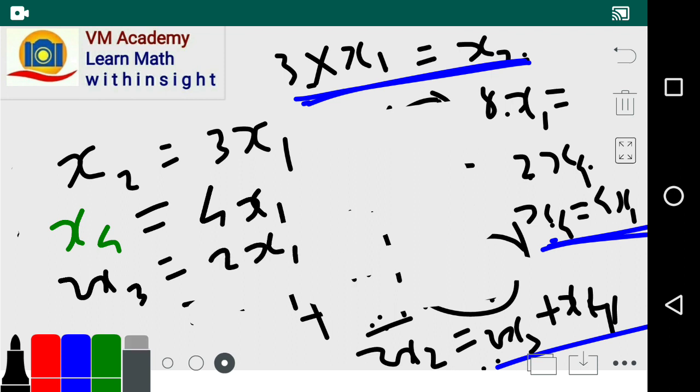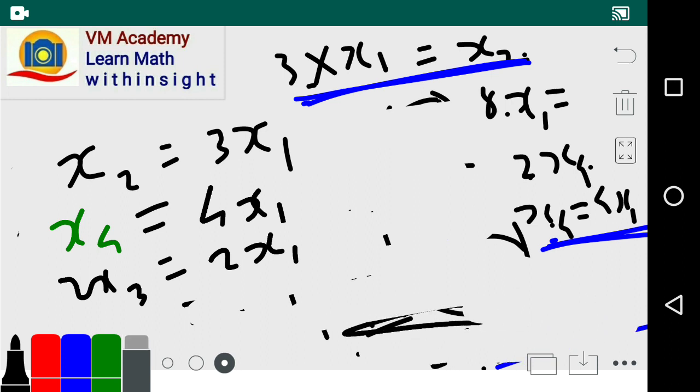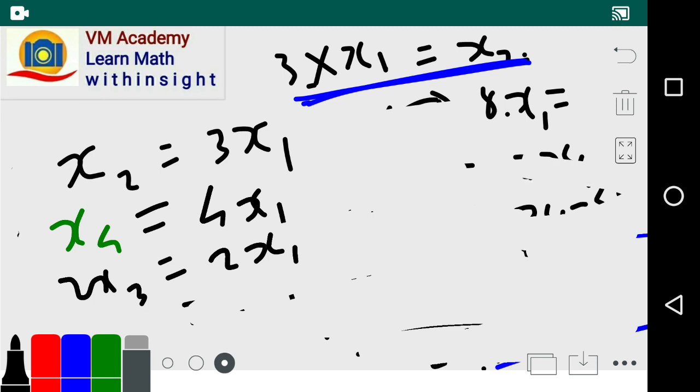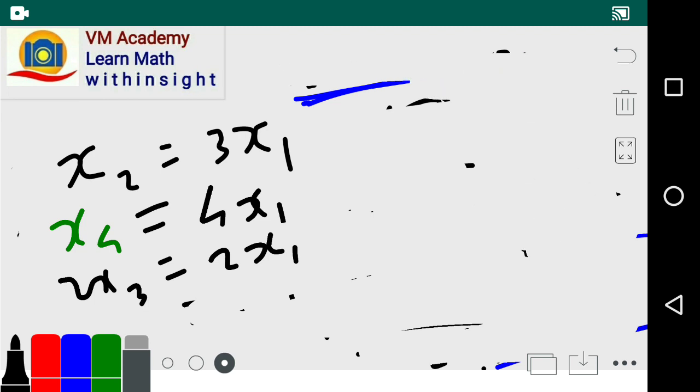And in this manner, friends, we get the ratio of x1, x2, x3, x4.